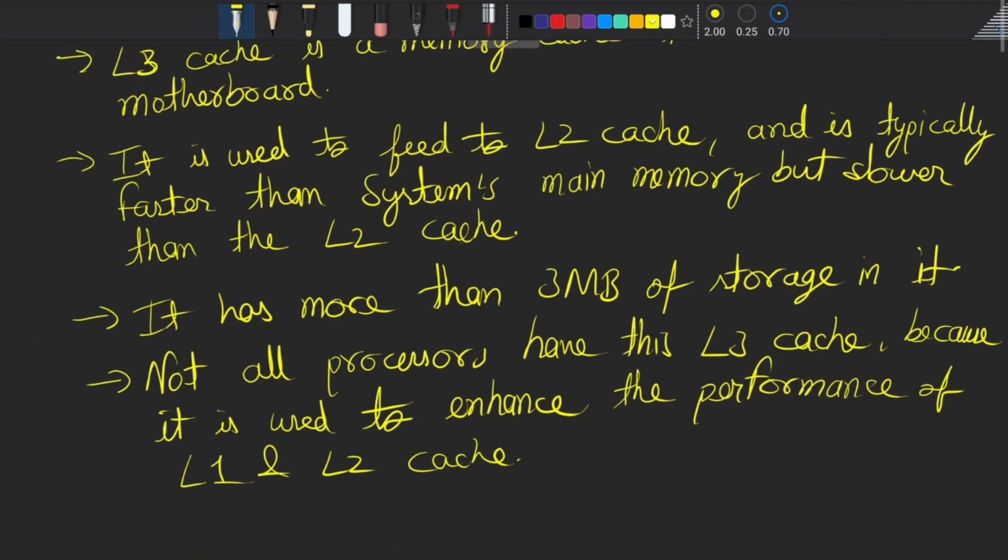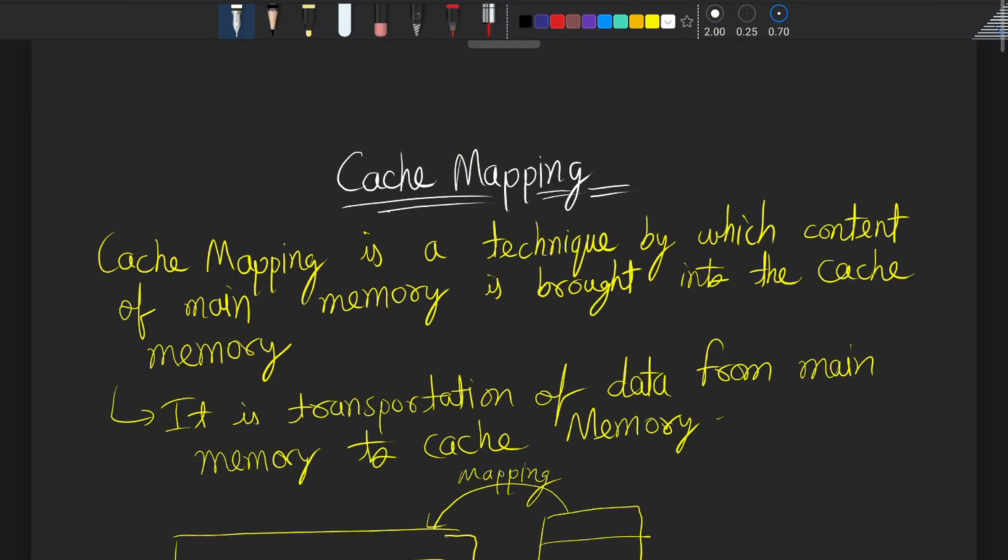Now we will move towards our next topic, that is cache mapping. So what is cache mapping? Cache mapping is a technique by which the content of main memory is brought into the cache memory.